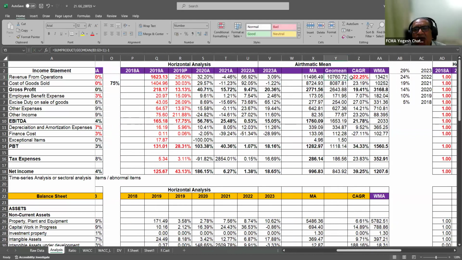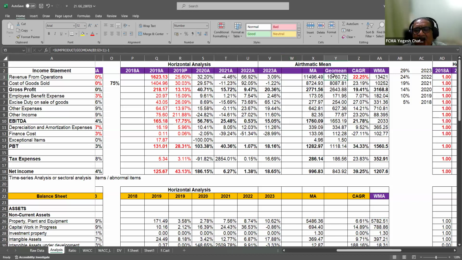Geometric mean is widely used by investment managers, fund managers of mutual funds, alternate investment funds, and portfolio managers. It will reflect the compounded average growth rate of the investment when the holding period comprises multiple periods or years.